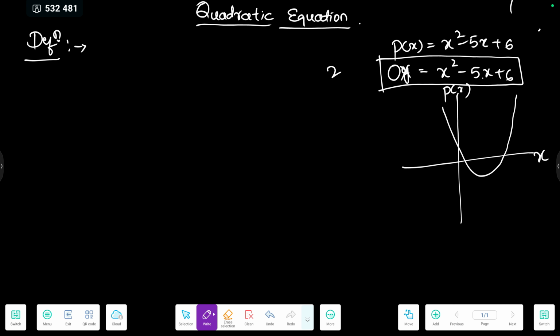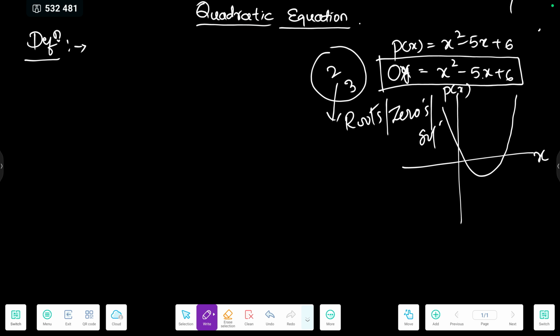Two numbers satisfy the equation. These are called roots, or x values, of the equation.